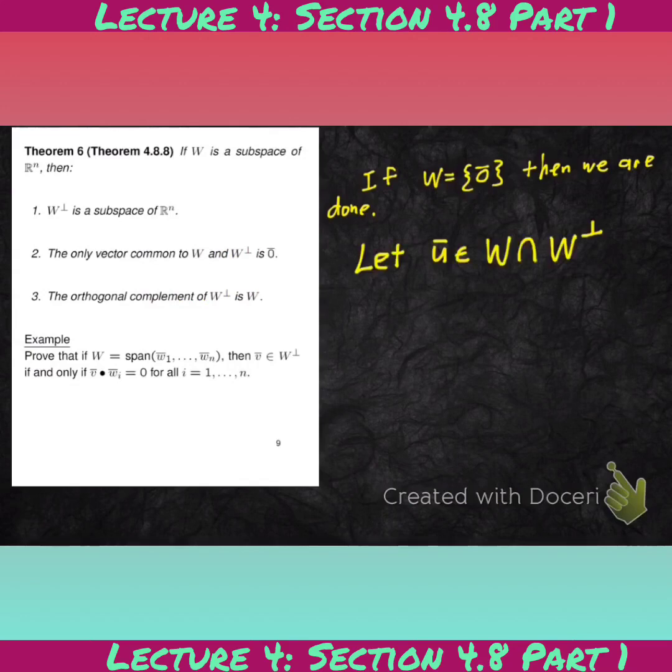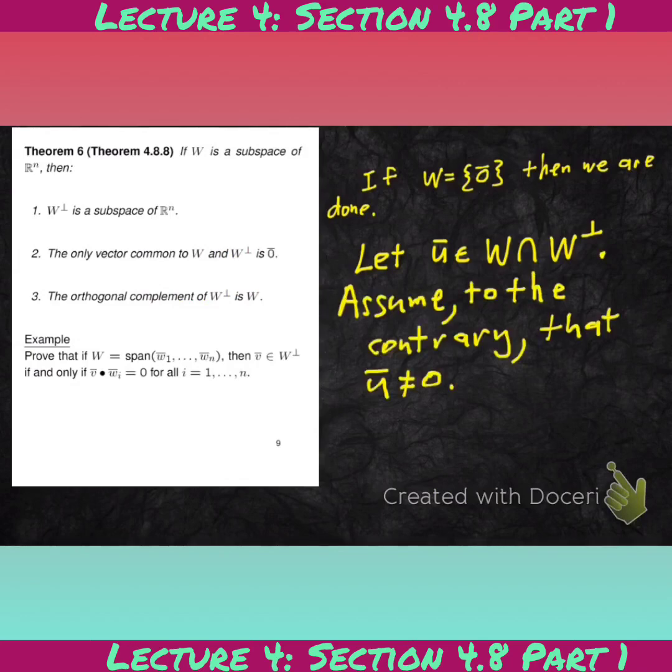So let's take the vector u that lies in the intersection between W and its orthogonal complement, and now our aim is to show that in fact this u vector is the 0 vector. Okay, so let us assume to the contrary that u is a non-zero vector, and it's in the intersection between W and its orthogonal complement.